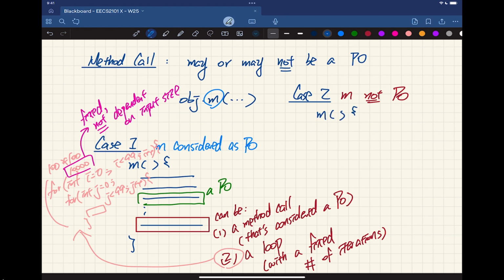For example, m itself has a loop, and then I say int i equals 0, but now it's going to be bounded by not a fixed number. It's going to be bounded by maybe some array size n. I can say maybe i less than a.length, and then i plus plus, right? Let's say it contains a loop like this. In that way, you can see this will be the size of the input.